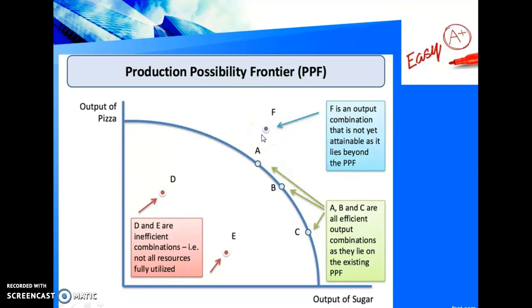Now, the point that will be showing choice. The country can produce only one of these combinations. It cannot produce all combinations at the same time. So the country can produce at point A, where, for example, point A has 20 pizza and 30 sugar.